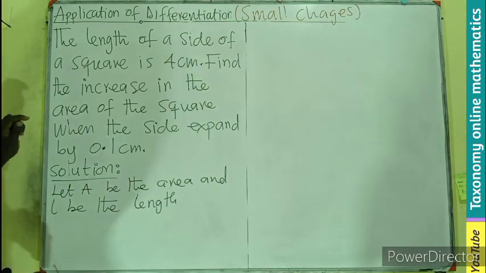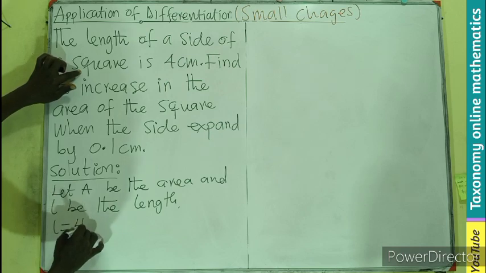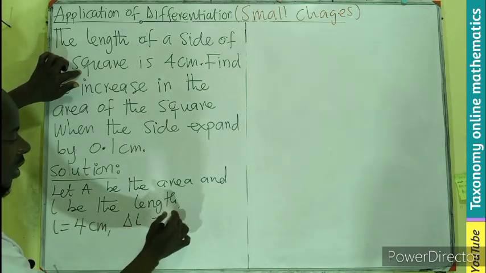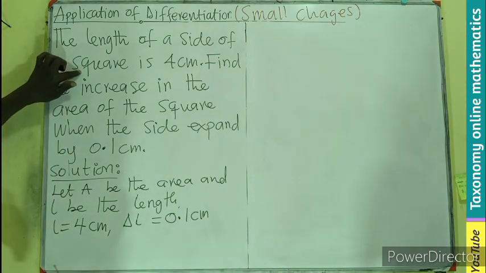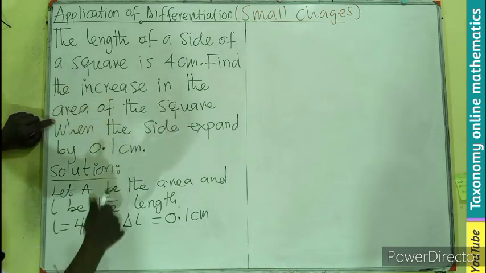So L has been given to us as 4 centimeters. The small change in L has also been given as 0.1 centimeter. Then what are we looking for? We are looking for the area of a square.